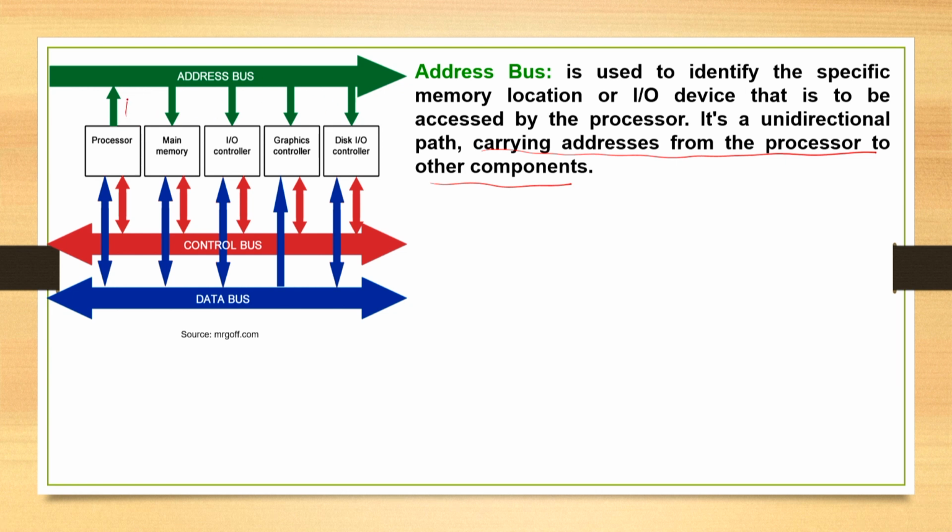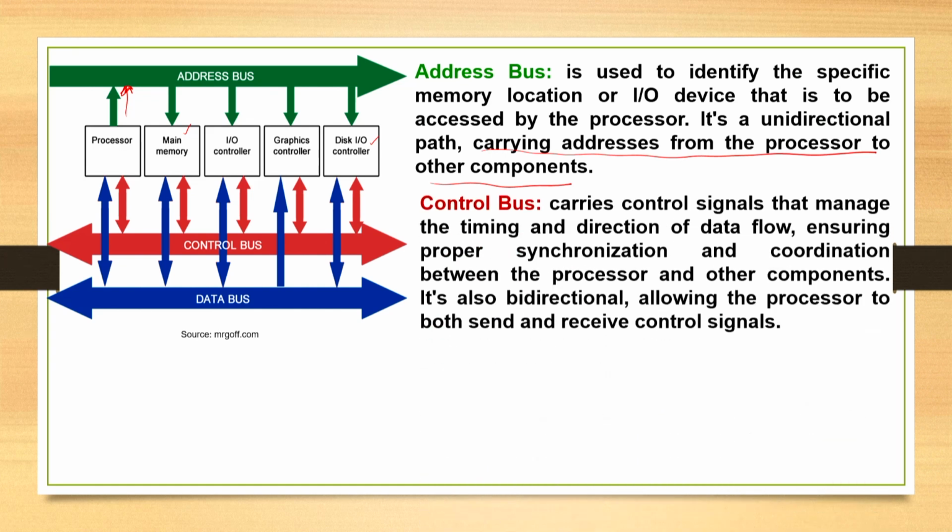Here the processor knows the address and wants to get the data, which can be stored either in the main memory or in a disk. So if we know the address, we can get the data that has been stored over there through the address bus. Next one is the control bus. From the name itself, it is controlling something.